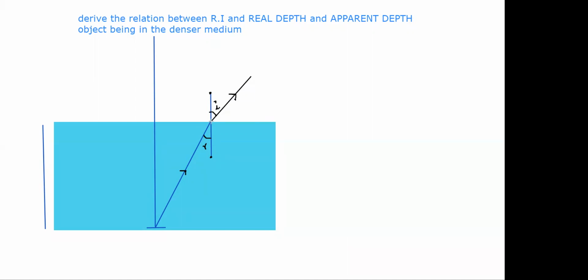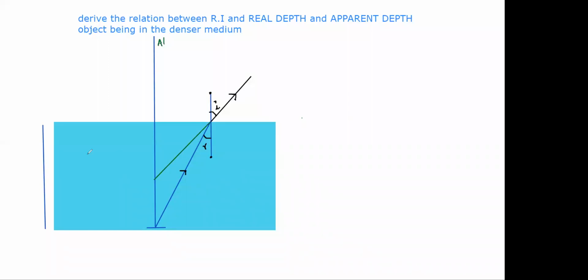We produce this ray backward. Fine. And I'm labeling it as per the book now. So this point is A dash.